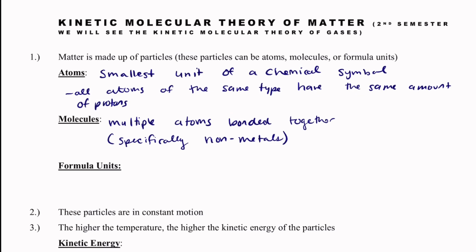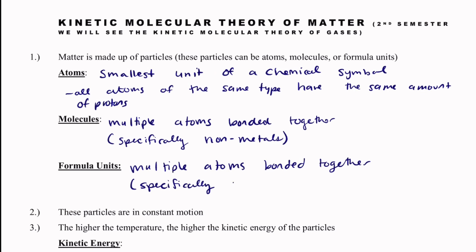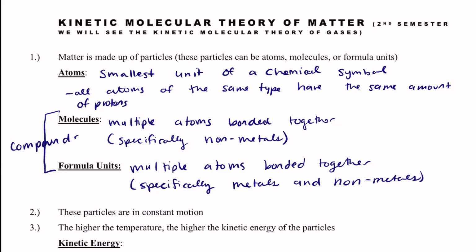Where formula units are going to be multiple atoms bonded together. And it's going to be specifically metals and nonmetals. So molecules and formula units, these guys are compounds. And then atoms would fall under the category of elements.